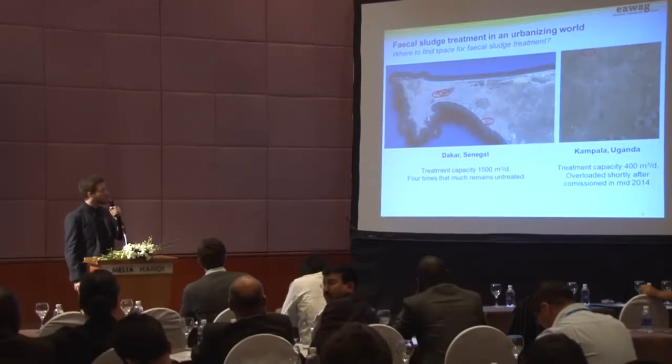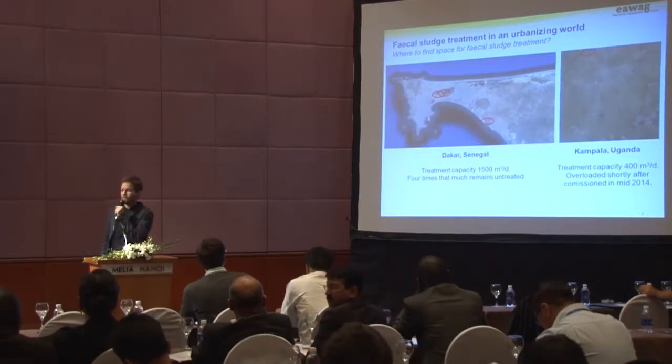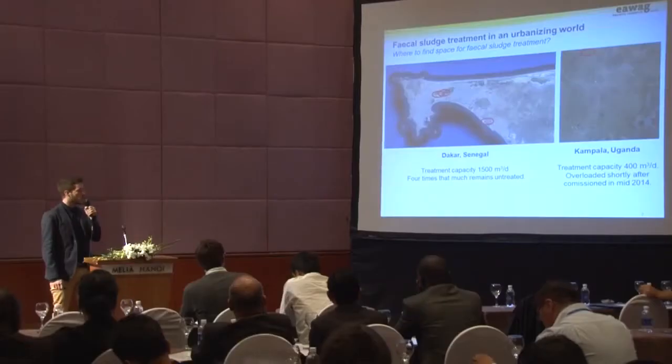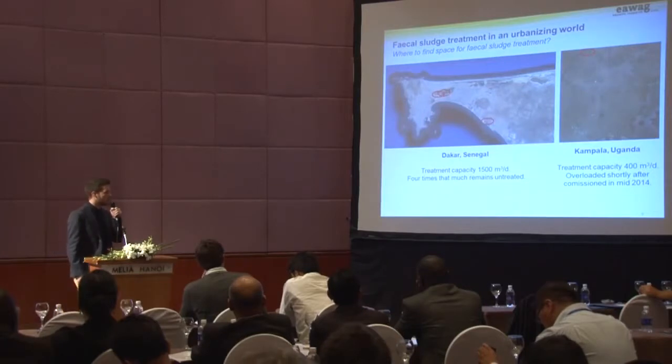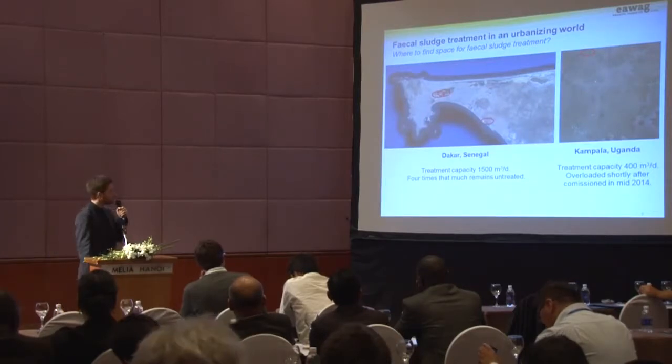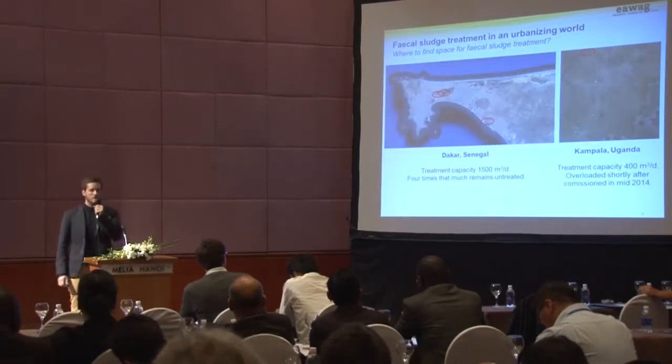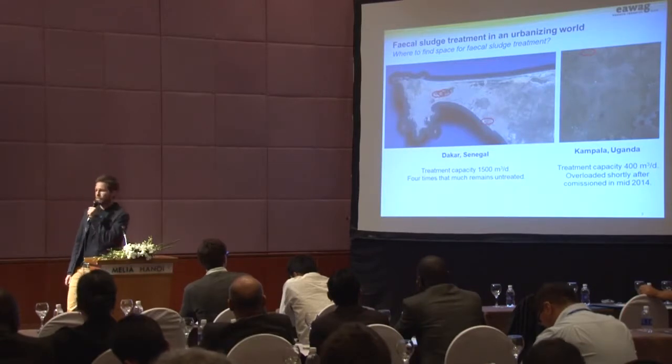In Kampala, there was a treatment plant which started operating in the middle of last year, and shortly after it started operating, it was overloaded, and there's a much larger need to extend these treatment capacities. Both treatment plants rely on sand drying beds to treat the fecal sludge.